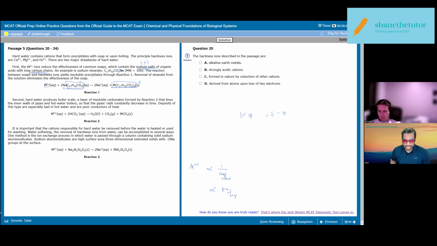But the idea basically is, let's say you have something soluble in water, like salt, regular table salt. You put some of that salt into water, you get your sodium ion, your chloride ion.